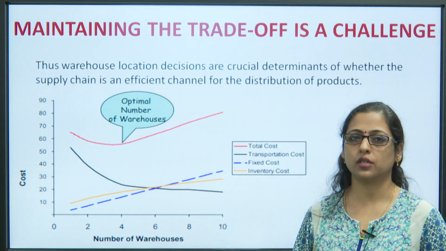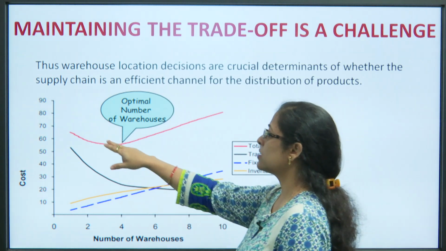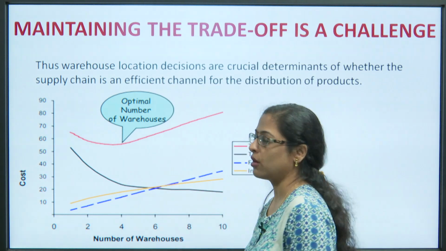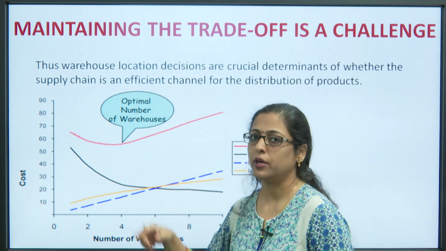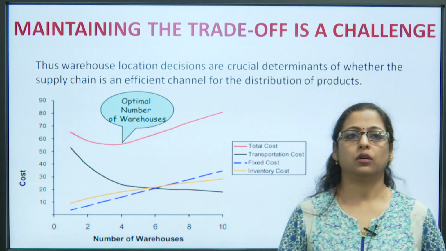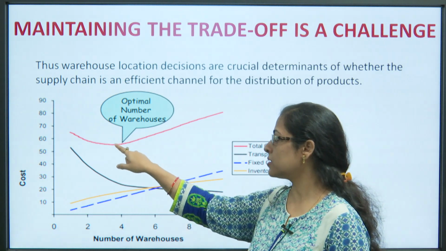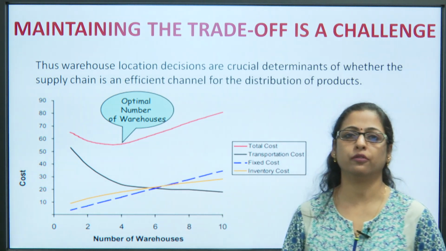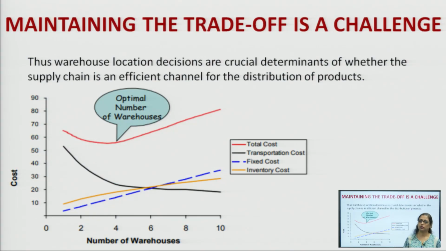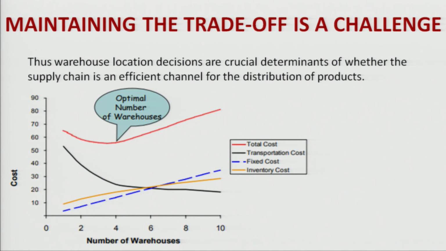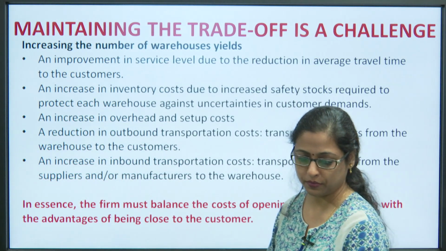So, that gives us this curve of the optimal number of warehouses, denoted by the red line, which shows the total cost. Over here we can see that the total cost goes down, and at a particular point this cost is the least, and then with every increase in warehouses, the total cost starts increasing again.